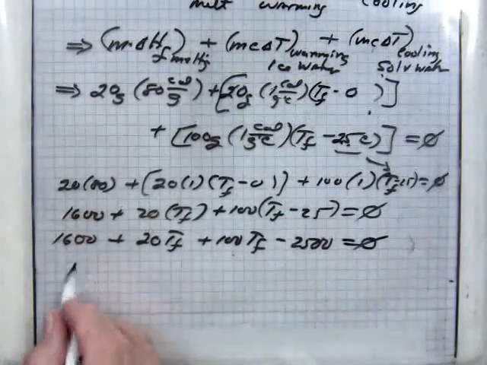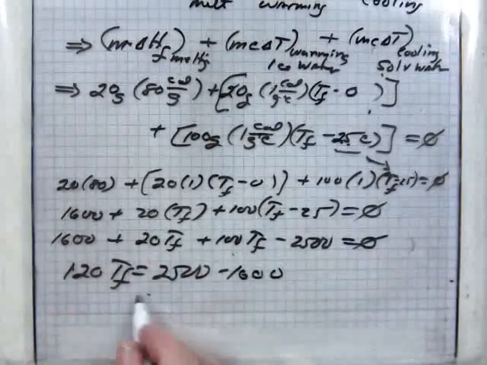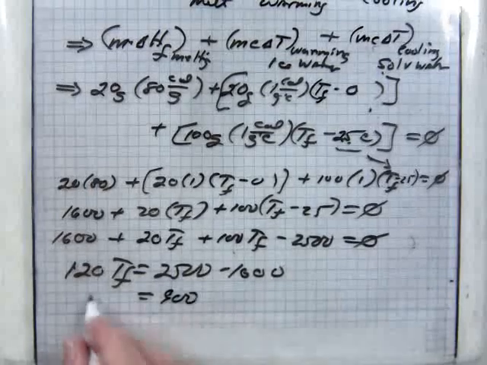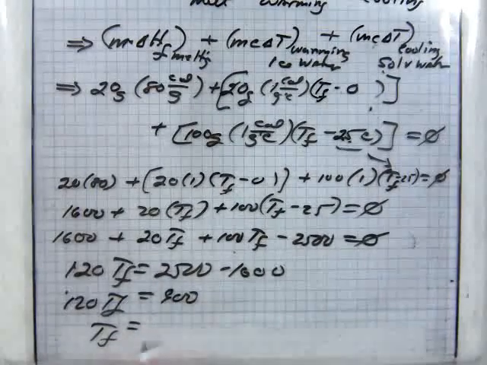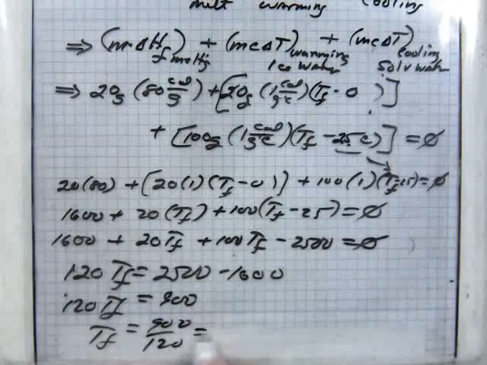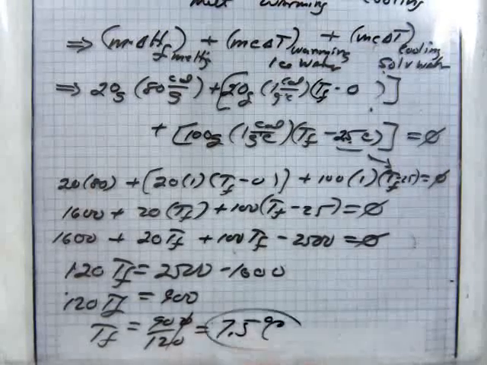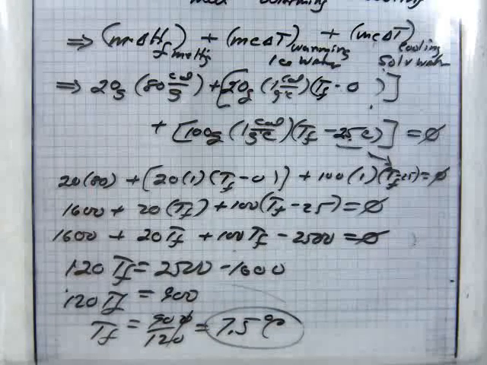Now it smells better. 120 TF equals 2500 minus 1600, and that's 900. 120 TF. And so after mixing your ice water, 900 over 120, 90 over 12, 7.5 degrees, which is between the 25 degrees and 0. So the ice in there would cool the solvent water down to 7.5 degrees Celsius.